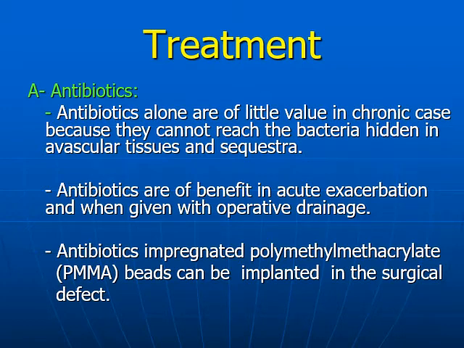But sometimes we use them in acute exacerbation or when we are going to do operative drainage. Sometimes we put antibiotic locally, beads of antibiotic impregnated polymethyl methacrylate in the surgical defect.